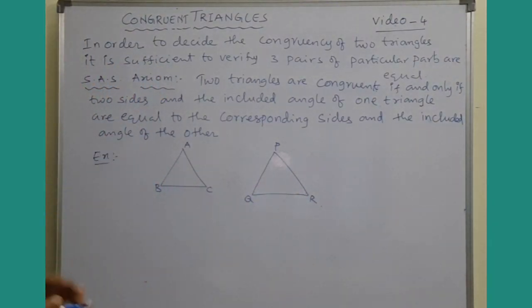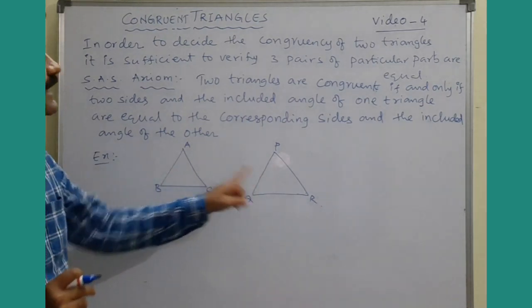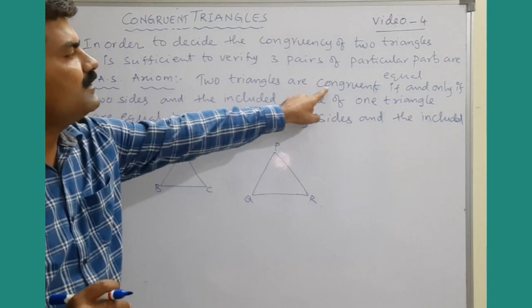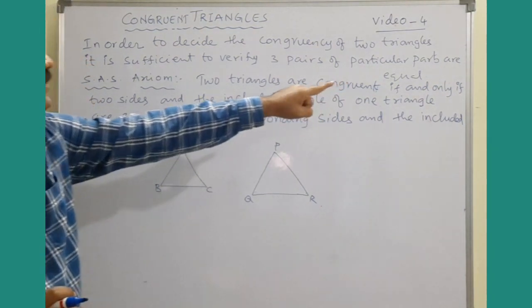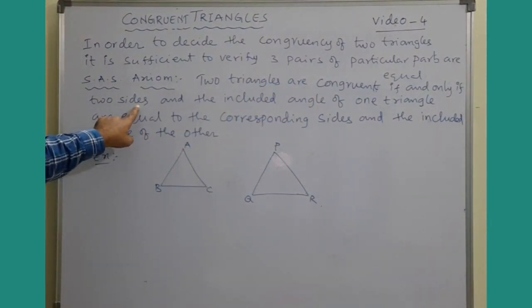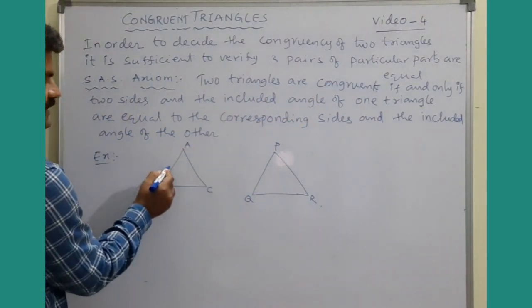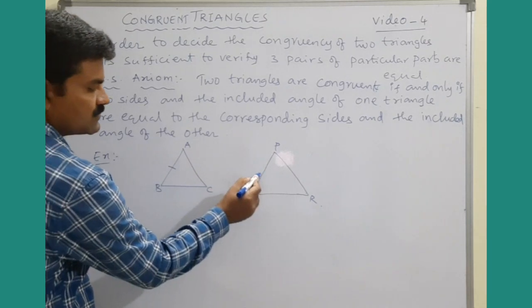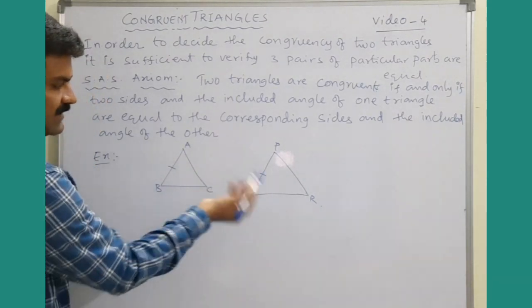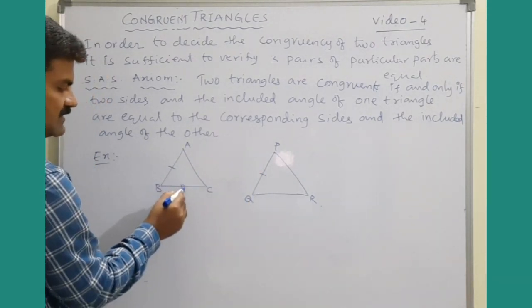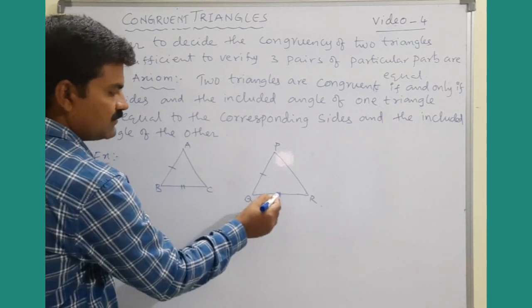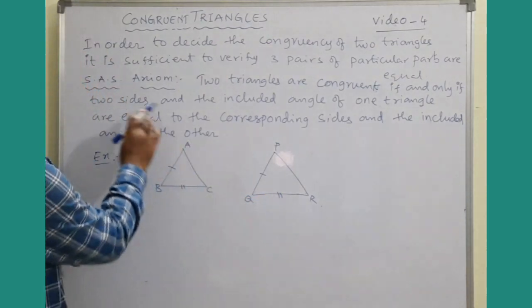Now look at the statement very clearly. These two triangles are congruent if and only if two sides, say side AB equals side PQ because it is the corresponding side, and side BC equals side QR.